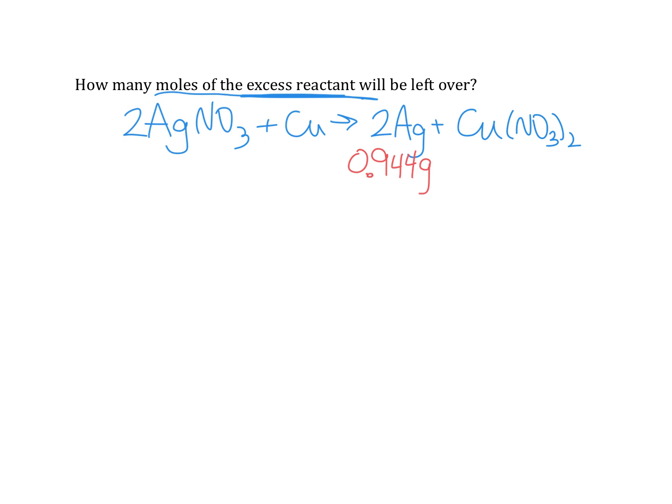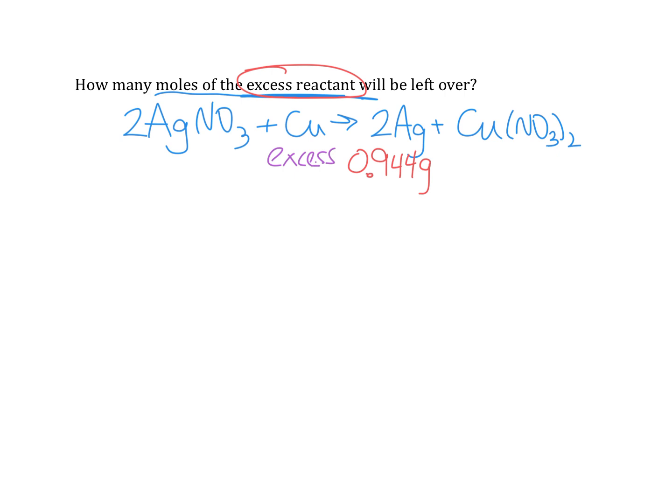So that's how many grams I produced. The question is, how much of the excess reactant was left over? Remember that 0.944 grams came from the silver nitrate, which meant that the copper was the excess reactant. The copper was the thing that was in excess.